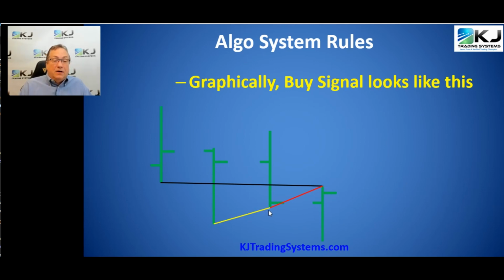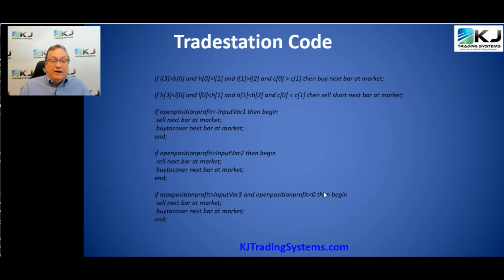And you're looking for the low 2 bars ago to be below the low 1 bar ago. And finally, you're looking for the close 1 bar ago to be lower than the close of the current bar. So you're looking for those 4 conditions. And when you see those, that's going to give you a signal to buy.